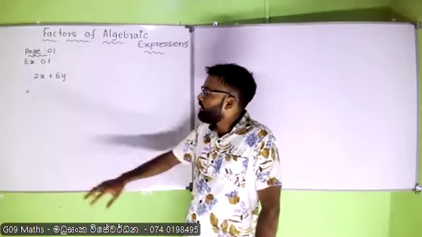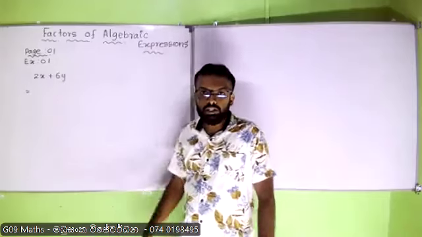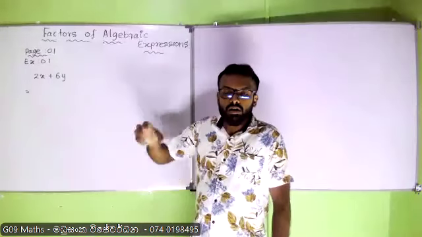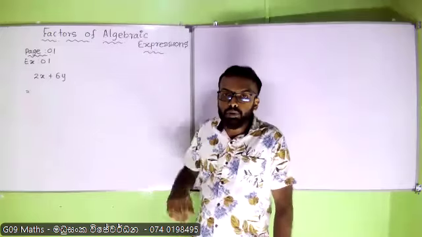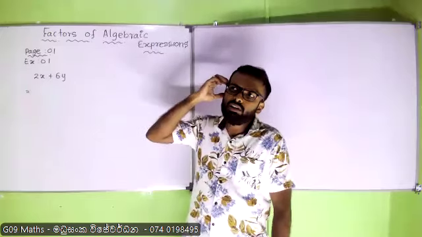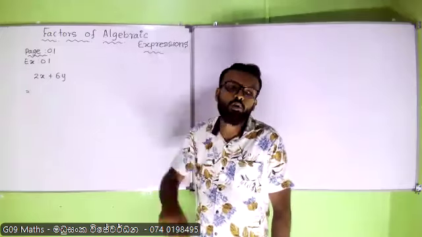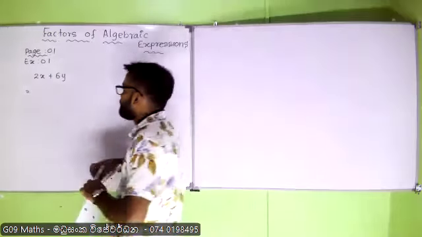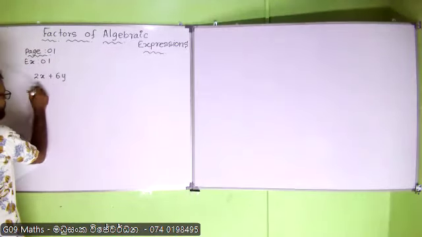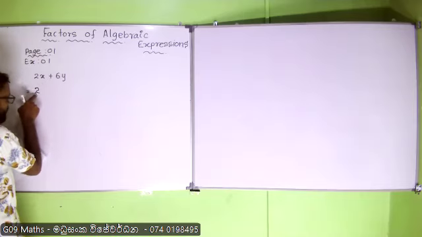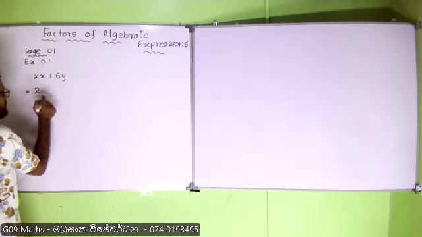We are going to write this expression as a product of two factors. You know, but you have forgotten. Look at this. Here I am going to take the factor 2 out. This is the highest common factor for this term and this term.